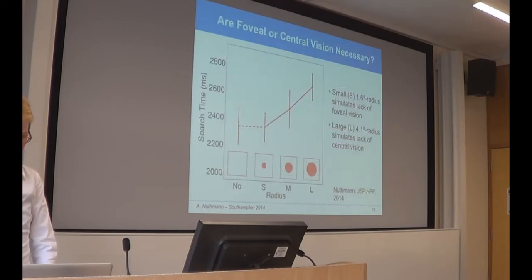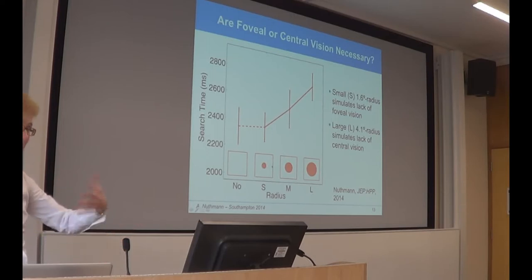left, right. And this graph shows the reaction times or search times as a function of the blind spot or scotoma, because it's kind of simulating a clinical condition where you don't have foveal or central vision. And for the foveal blind spot, this one here, the average search time is not prolonged.